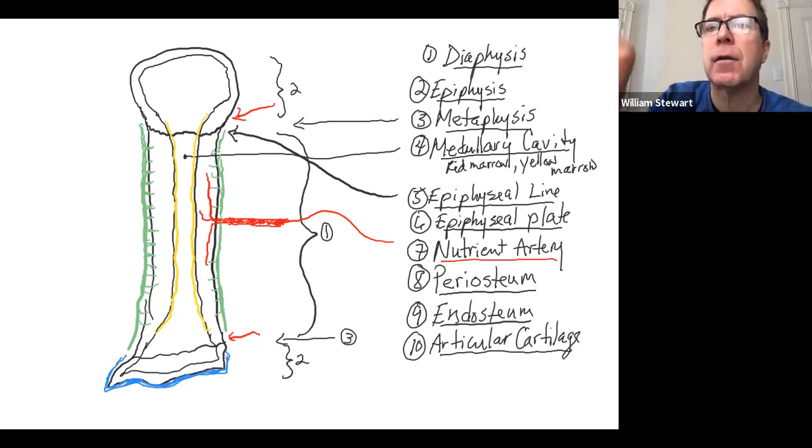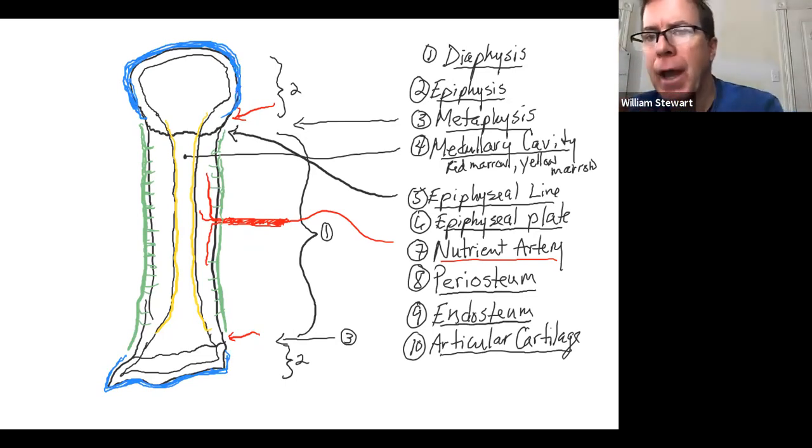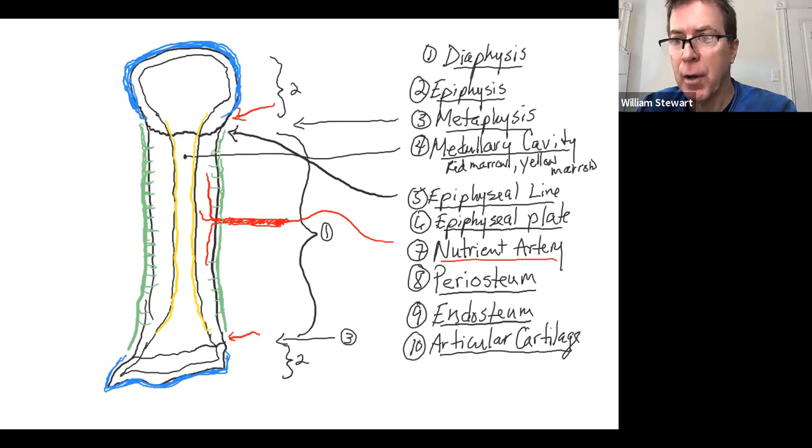That's why it's called articular cartilage. Remember, it's hyaline cartilage, not elastic cartilage, not fibrocartilage. It provides this glassy, smooth surface. So when this bone is articulating with another bone, we don't have bone grinding on bone. We have smooth, glassy cartilage touching smooth, glassy cartilage on the other bone.